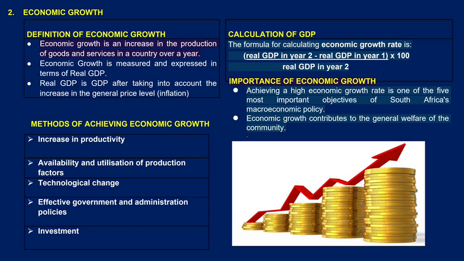When it comes to technological change, as new production methods are developed or more efficient ways exist to run a business so that more goods and services are produced with the same input, then that means the technology has improved. Effective government and administration policies.